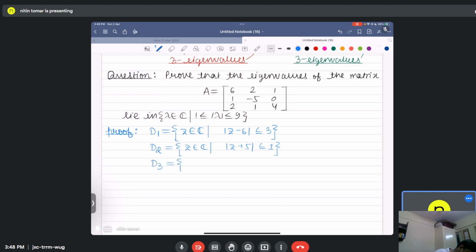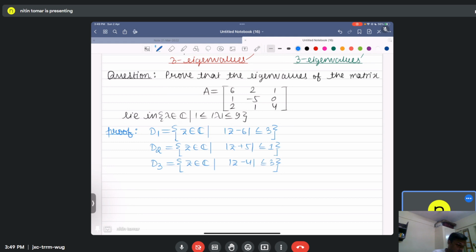D3 is z in C such that |z minus 4| is less than or equal to 3.